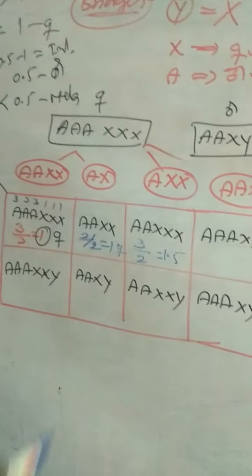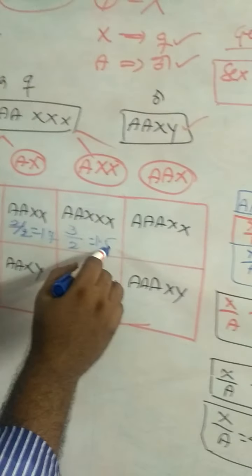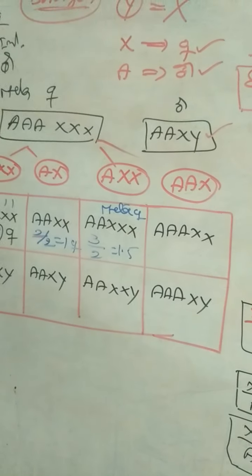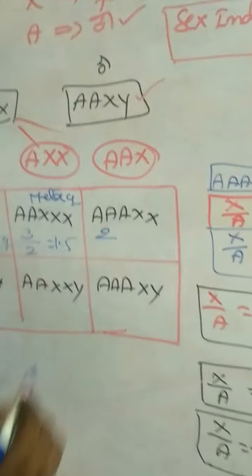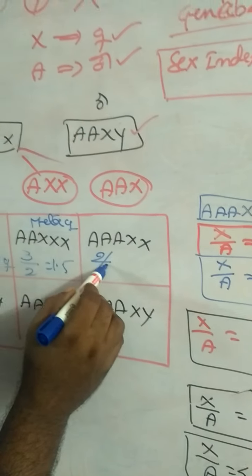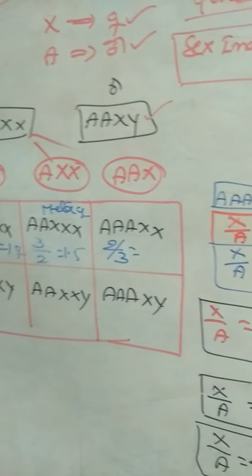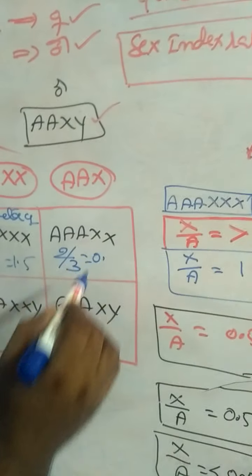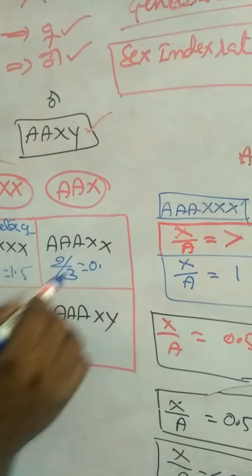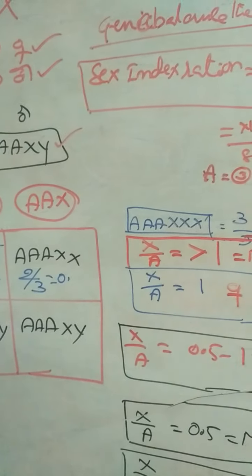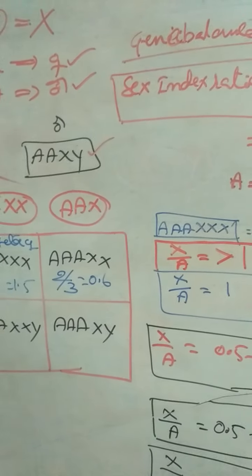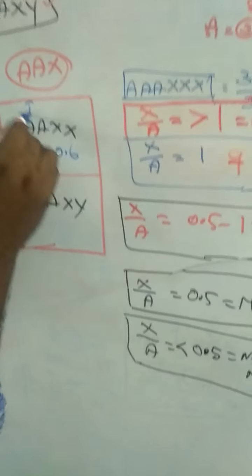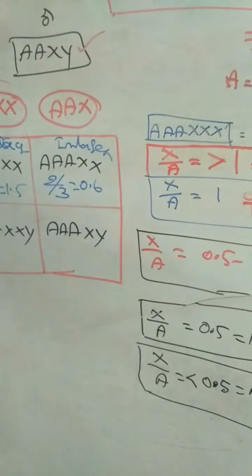The value 1.5 means more than 1, that is meta-female. Here, X chromosomes 2 by sets of autosomes 3, that is 0.66. That means a value between 0.5 and 1, so it is intersex.